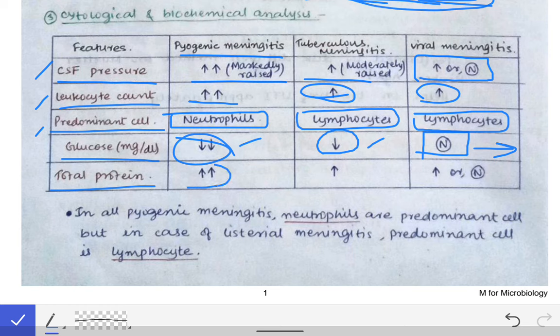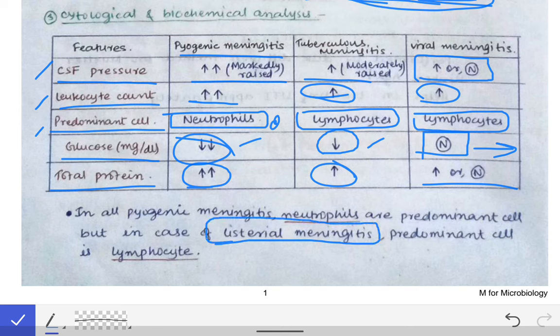Total protein increases in case of pyogenic meningitis because the bacteria synthesize some of the proteins. In tubercular meningitis also it increases, and in viral meningitis it is either raised or it is normal. Now we have seen that the predominant cell in pyogenic meningitis is neutrophil, but in case of meningitis due to listeria, remember this.